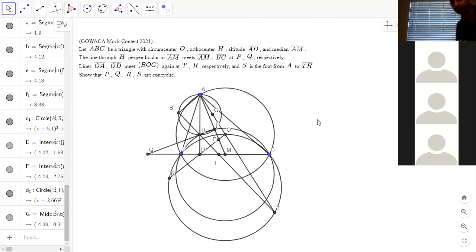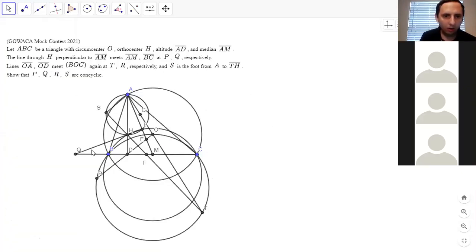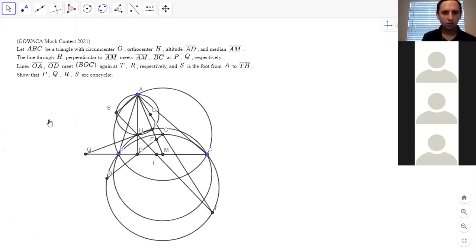All right, thanks for waiting. Let's see. Well, we can prove that angle QRO is 90 degrees. All right. From QDBC is harmonic, and RD is the angle bisector of BRC.